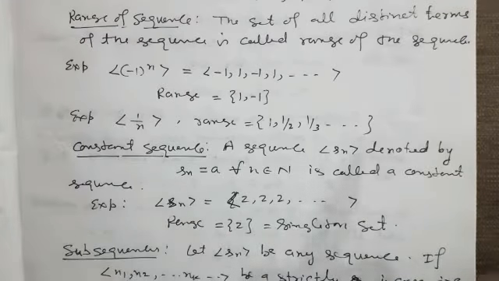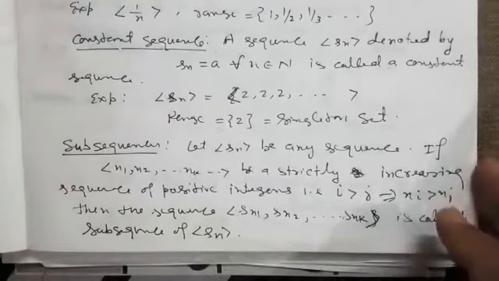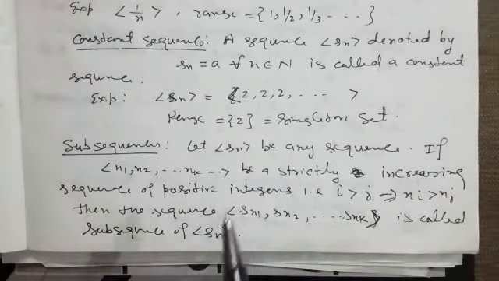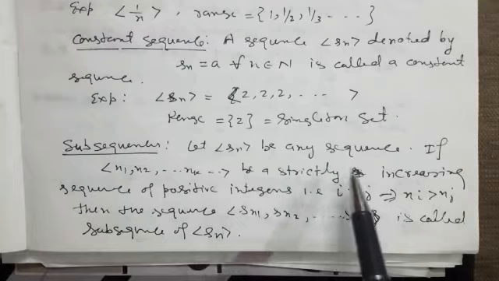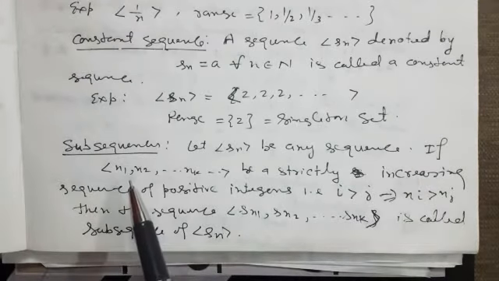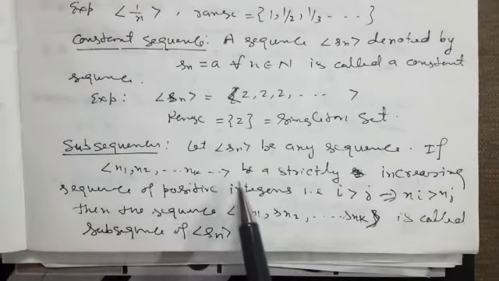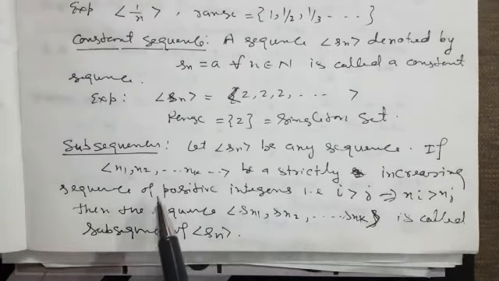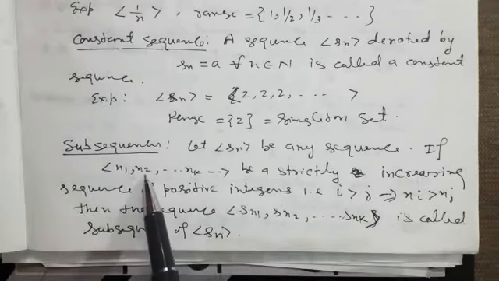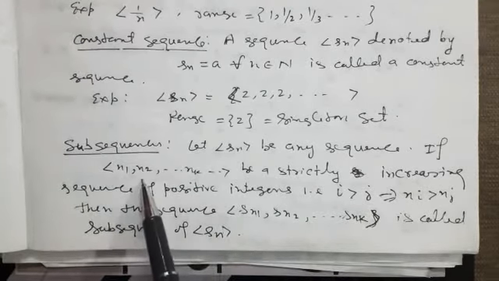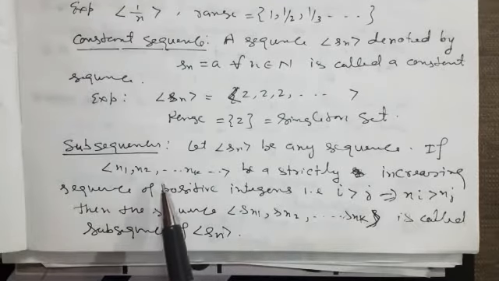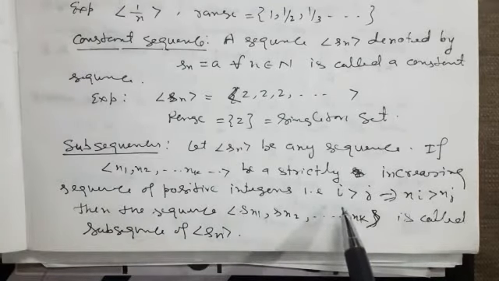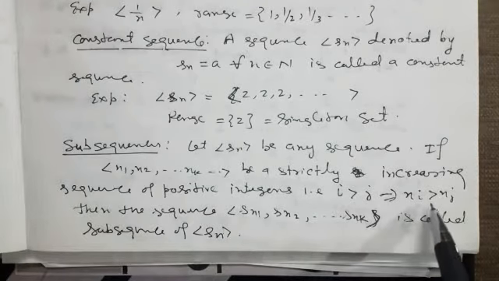Now we define subsequence. Let Sn be any sequence. If n1, n2, nk is a strictly increasing sequence, strictly increasing means n2 greater than n1, n3 greater than n2, n4 greater than n3, or you can say like this, for i greater than j, ni greater than nj.